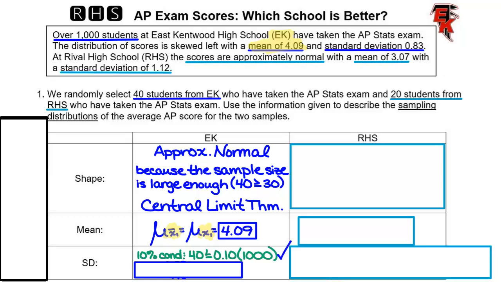Go ahead and calculate the standard deviation for me then, for the sampling distribution for East Kentwood.